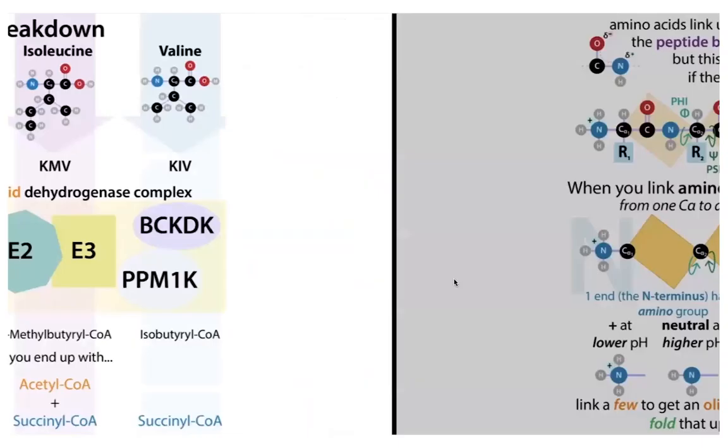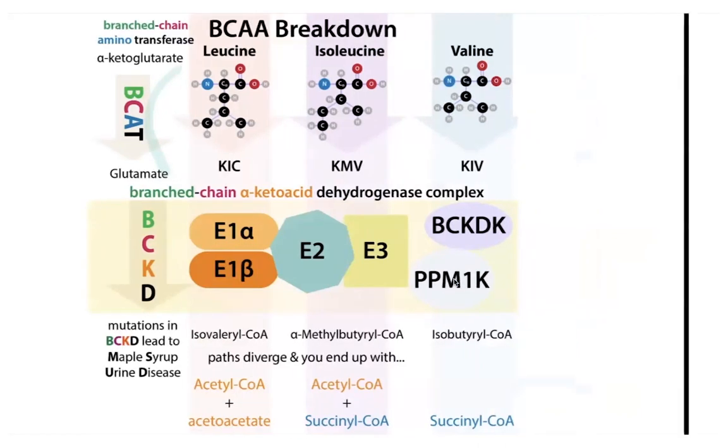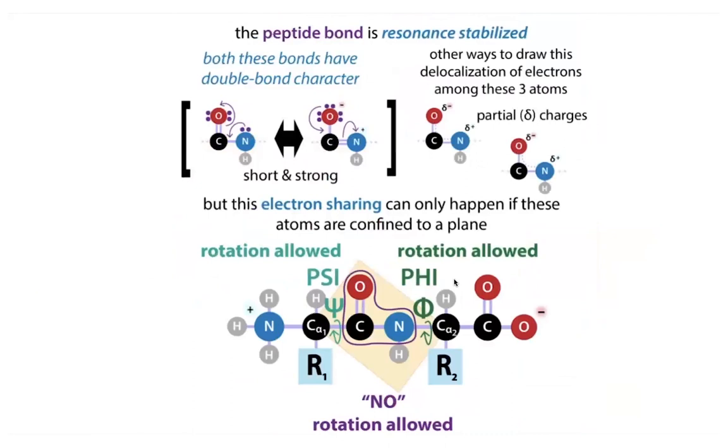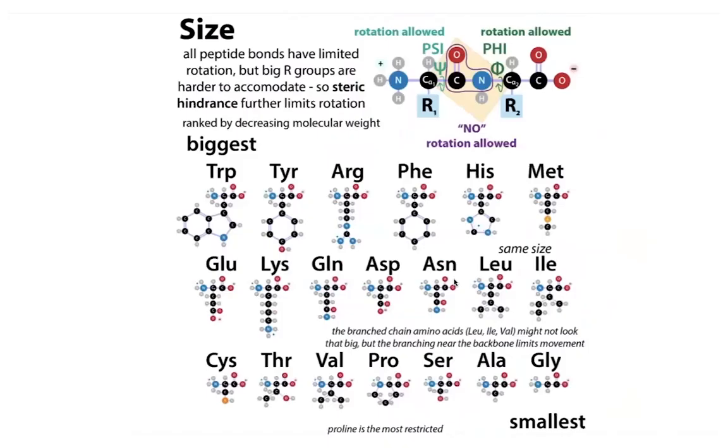So if we think about something like a valine or an isoleucine, it's going to have this bulk really close to the backbone, whereas the leucine, well, now we're pushing that bulk further away. So even though it's bigger, it's going to have a little more flexibility. And so we'll see how things like this can have an influence on the protein's shape and how it folds.